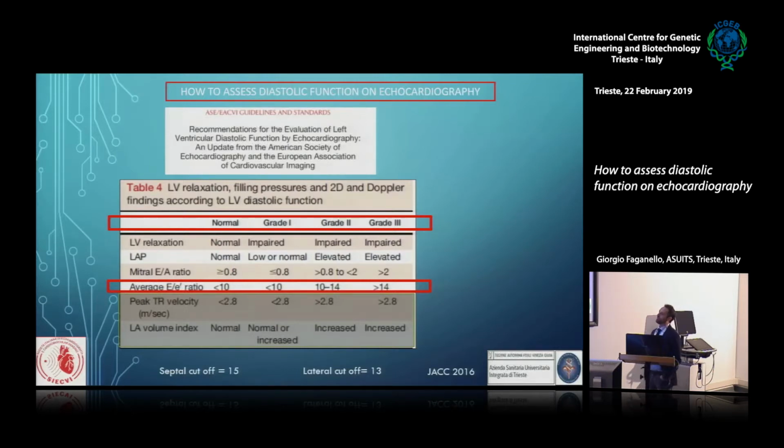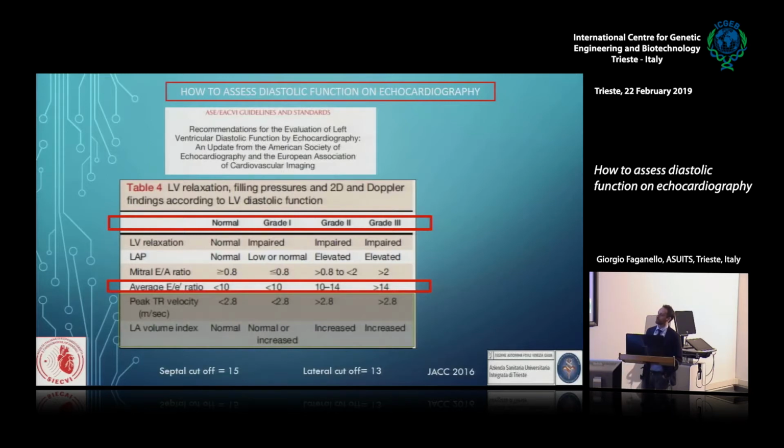Average E over E prime ratio: normal under 10, grade 1 dysfunction under 10, severe dysfunction over 14, and impaired grade 2 in between 10 and 14.